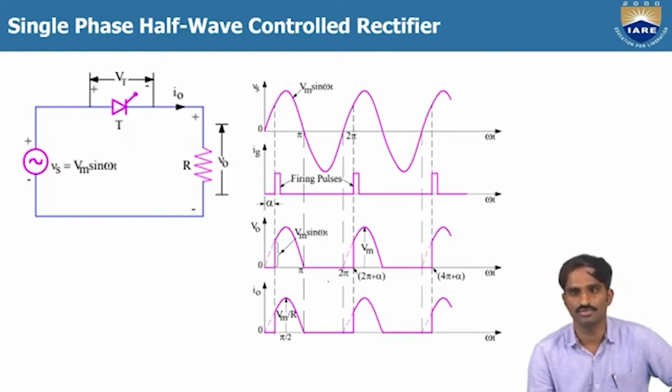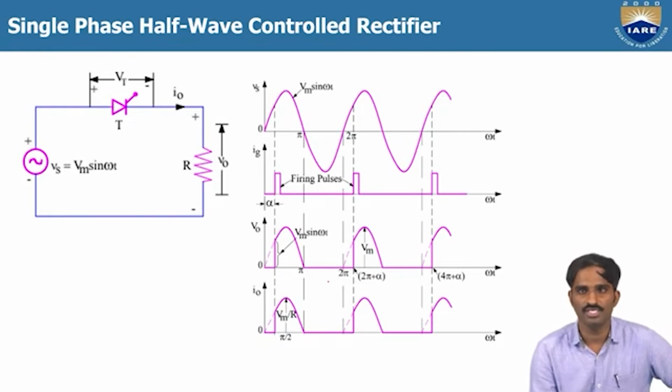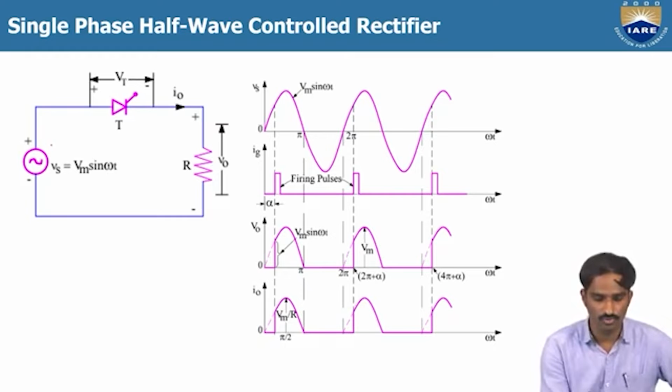This is how the operation works. During the positive half cycle, the load current i0 will flow in this direction.